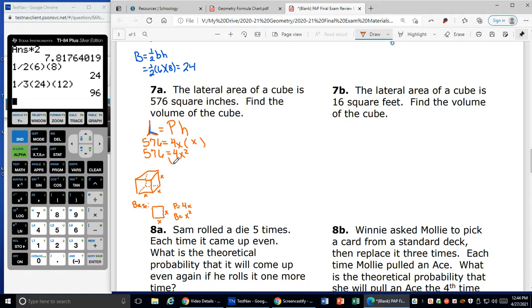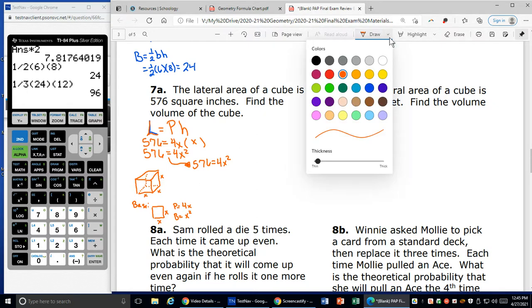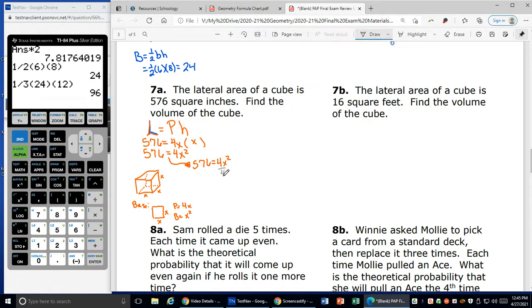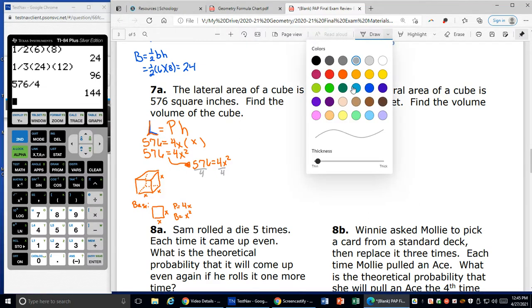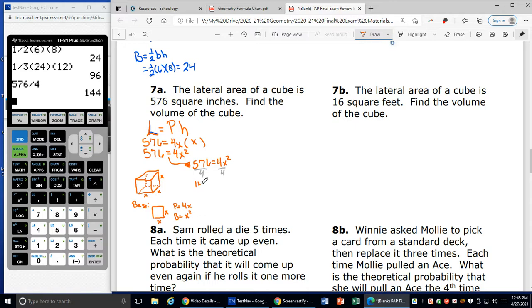If I have 576 equals 4x squared, and I want to figure out what x is, I need to know what the side lengths are so that I can find the volume. Okay, so I'm going to divide both sides by 4. 576 divided by 4 is 144. Ooh, I like that. 144 equals x squared.